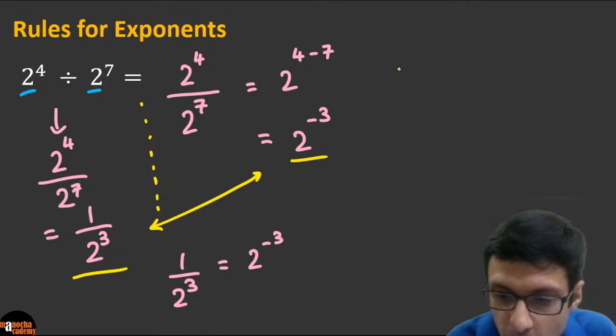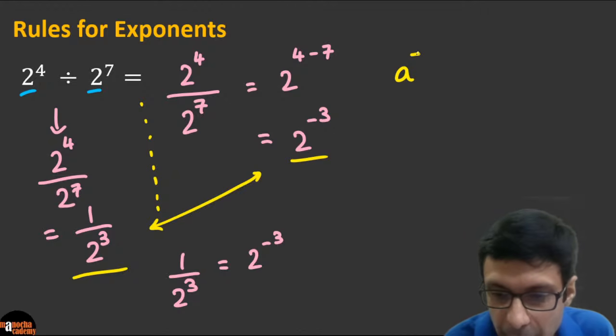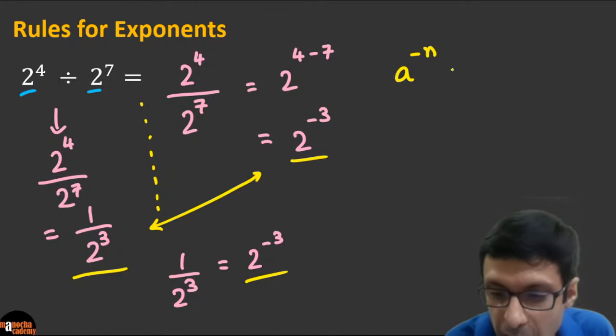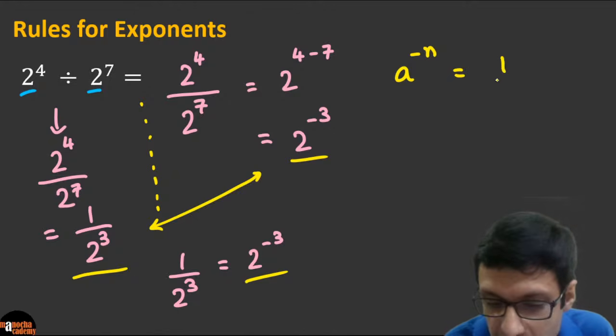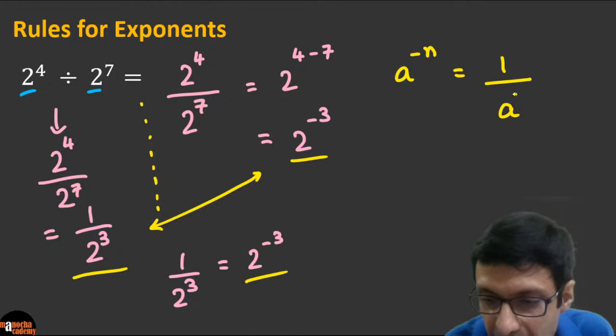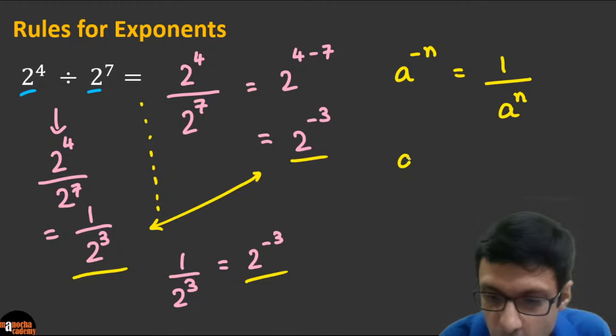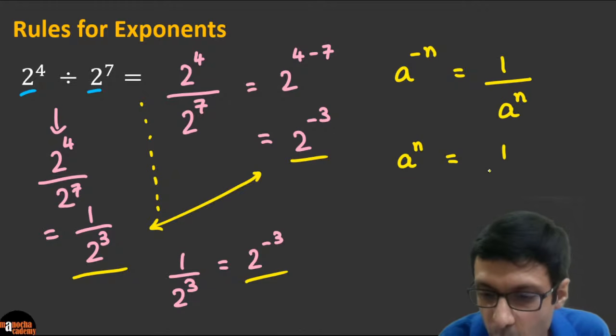So how do we write this rule? If you have a to the power minus n, it's basically 1 by a to the power n, right, guys? Or we can write it as a to the power n is equal to 1 by a to the power minus n.